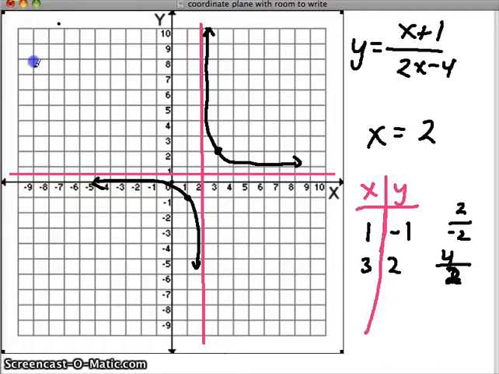Also in general, domain and range is something we're going to be talking about in the next few videos. Domains are possible inputs or possible x values. For rational functions, the domain is always going to be all real numbers, anything on our number line, except where these asymptotes are.